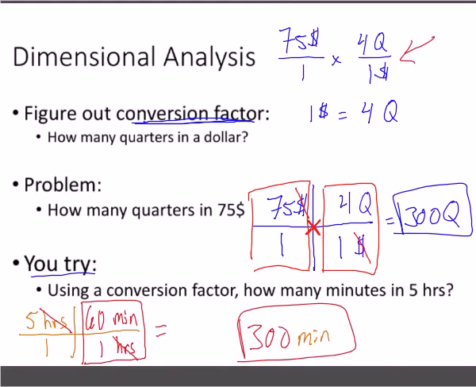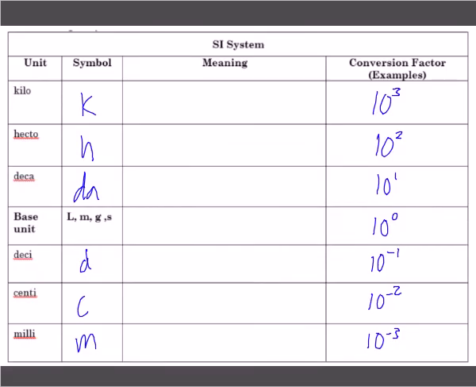So when we went back here to our chart that we wrote originally, this is saying that 1 kilometer is 10 to the third of your base unit, whatever base unit you're in. So 1 kilometer equals 10 to the third meters. 1 hectometer equals 10 to the second meters.